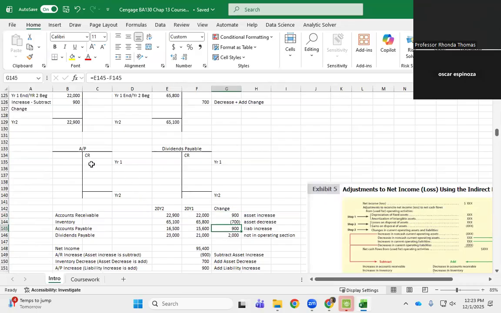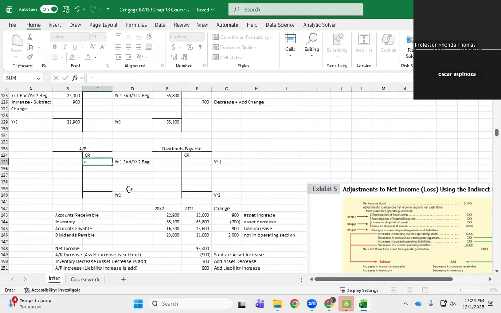Now, accounts payable is a liability. Okay, it's a liability. So we're going to put the beginning balance, which is also the ending balance of year 1, in here. So the beginning balance of year 2 and the ending balance of year 1 goes in here.